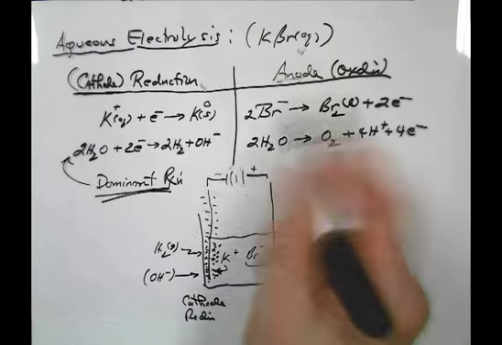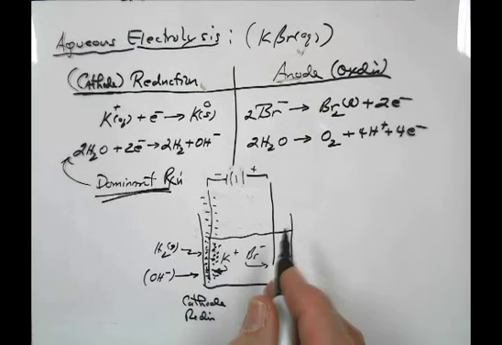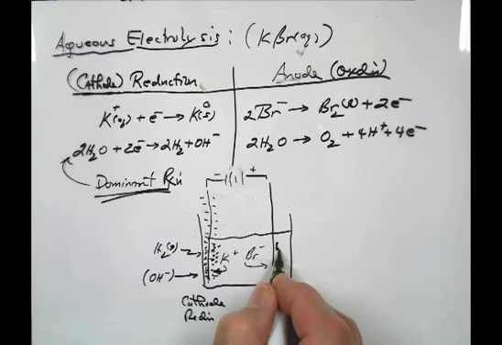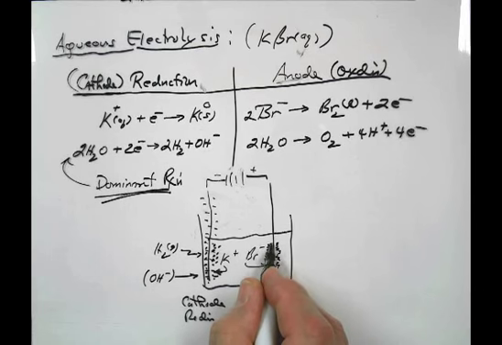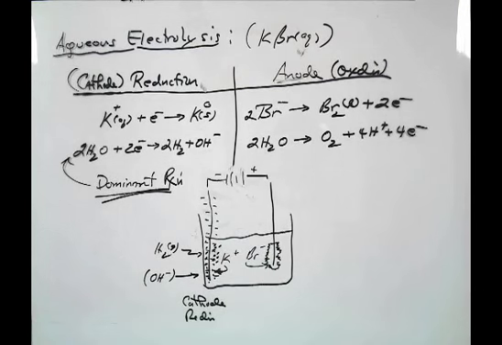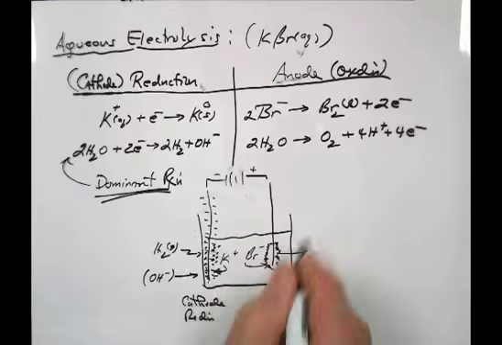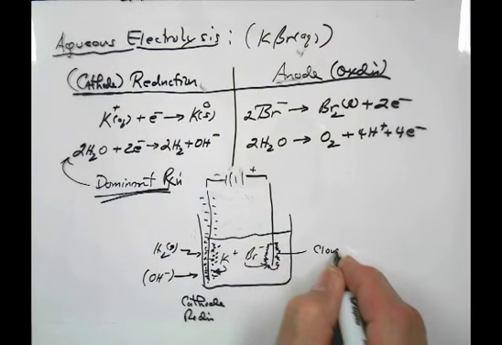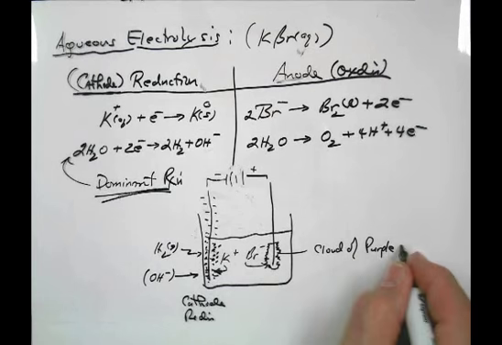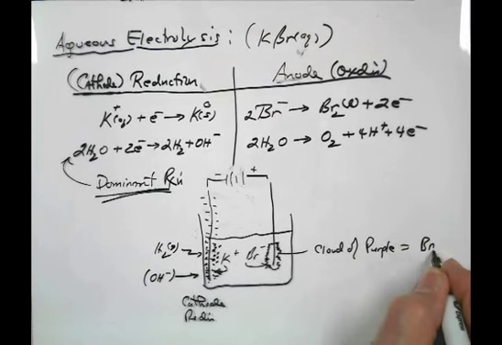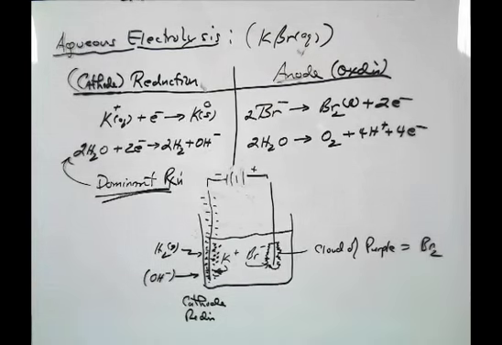On the other side over here, what you would see is a cloud of purple liquid being formed, and that is the color of bromine being formed.